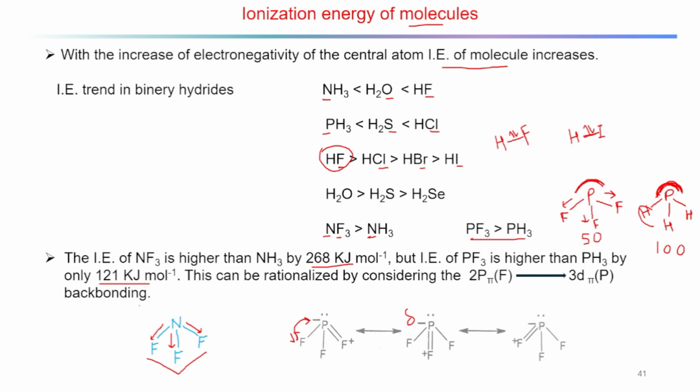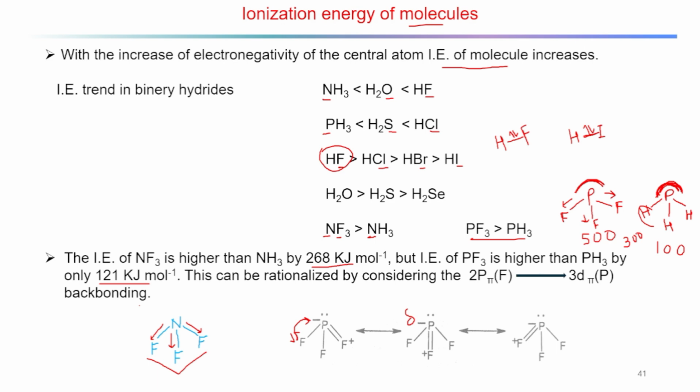Just arbitrary numbers. Now as the fluorines are giving back the electron density, the phosphorus is gaining some electron density, so it is somewhat easier to take out the electrons. So now the ionization energy comes down to around 300 or 250, you can say.